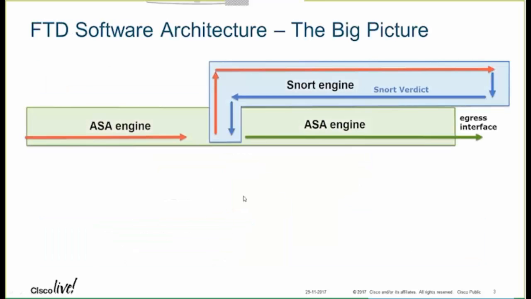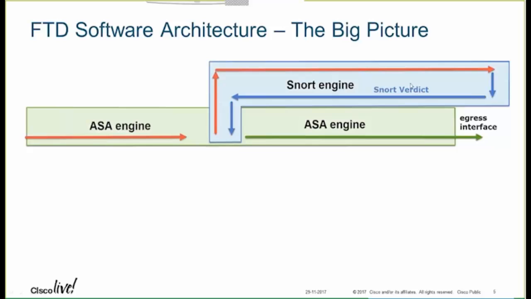So moving on, this is going to be the software architecture. It is more of a high-level diagram on what exactly happens with a packet flow from an FTD perspective. As you can see, the initial traffic will be processed by the ASA engine, and then as the flow progresses, we start sending the traffic to the Snort engine.